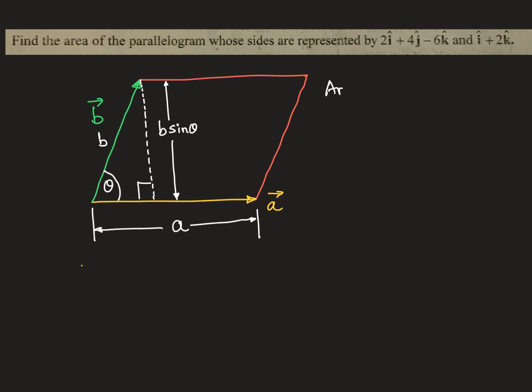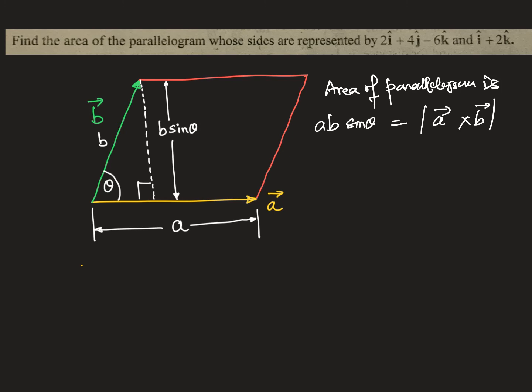So the area of the parallelogram is AB sine theta, which means mod of A cross B. So by that you can try. Let me see, let me cross this vector A cross B.